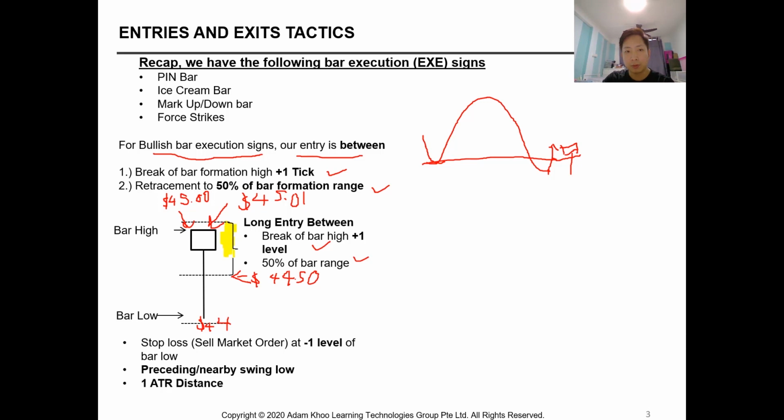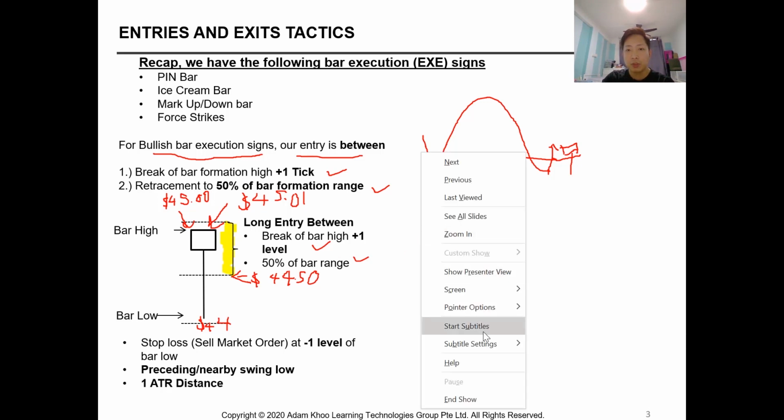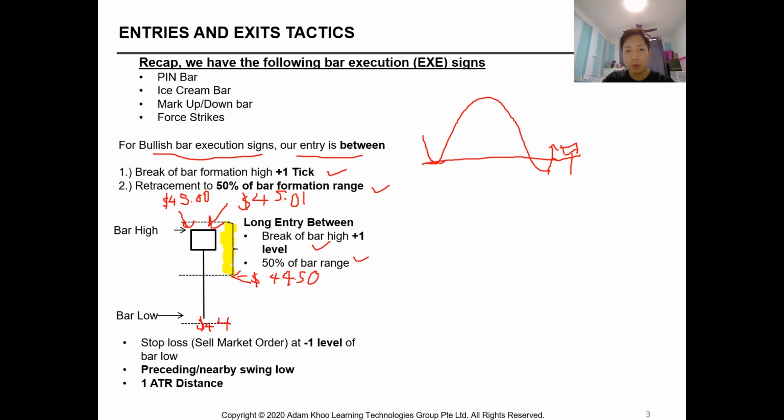We call it the sweet spot zone, which means that upon the formation of the EXE, let's say this is a day chart, once the day bar has confirmed close as a bullish pin bar, for example, you can wait until the next day to enter the trade.